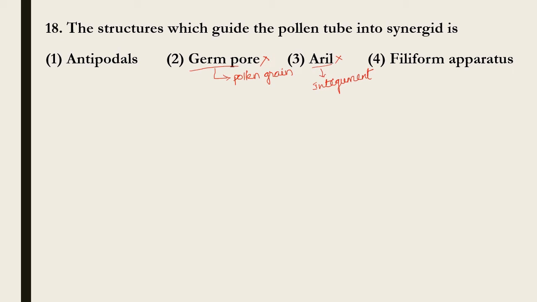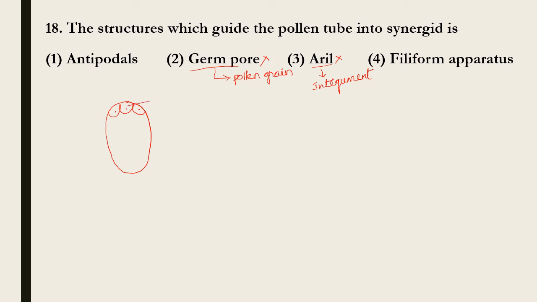Now let's observe the structure of the embryo sac. Towards the chalazal region, it has three haploid cells called antipodals.